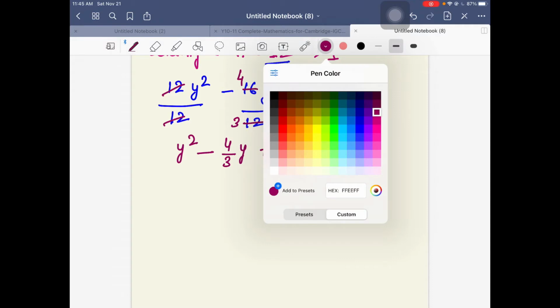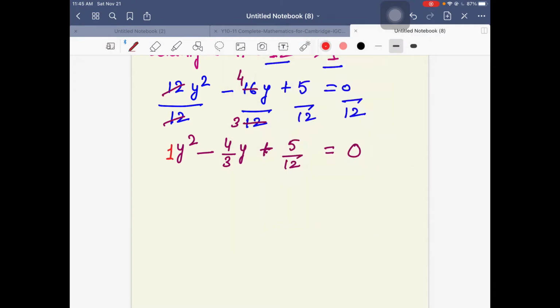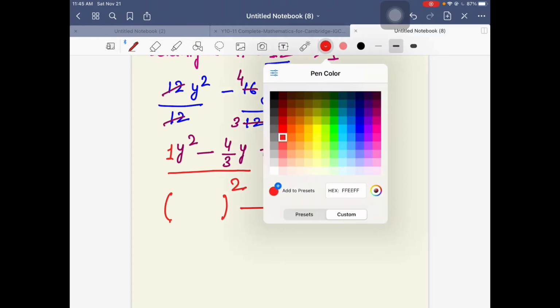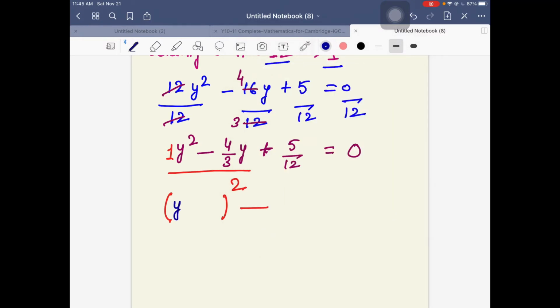Now you can see the leading coefficient is 1. Now we can solve this equation by the completing square method. How? Just underline the first two terms and write a bracket, whole squared, with a negative sign. Again write a bracket, whole squared, with a negative sign. Now look at the first term, y squared, so I write y here. This negative sign, I write a minus.